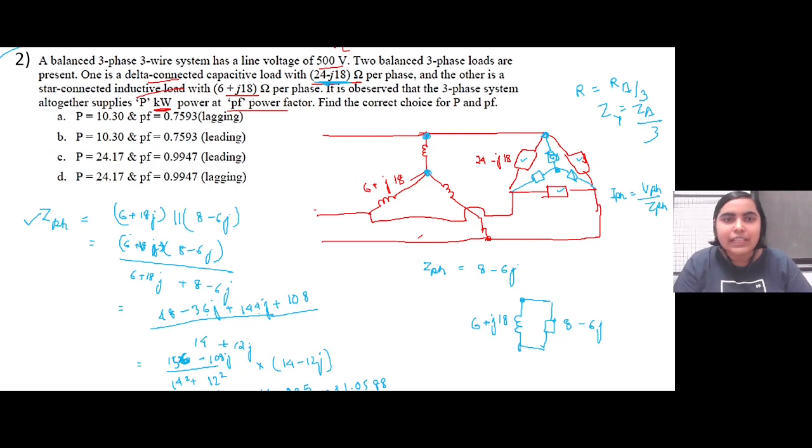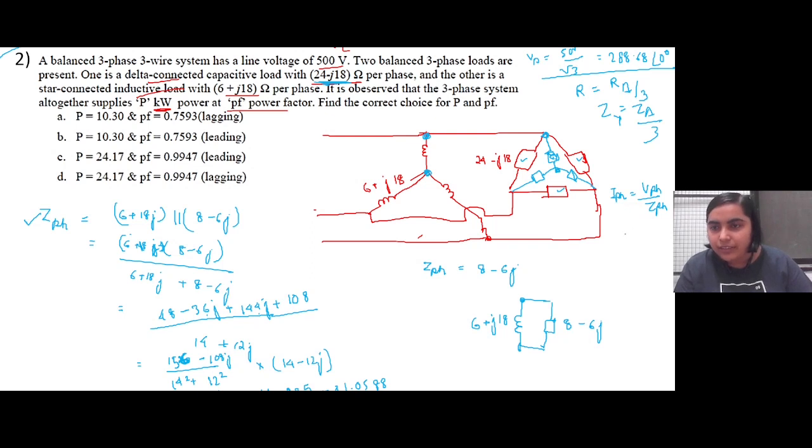The line to line voltage is given as 500 volts, so the phase voltage will be VL by root 3, so 500 by root 3, which is 288.68, and the angle is 0. So you have the V phase.